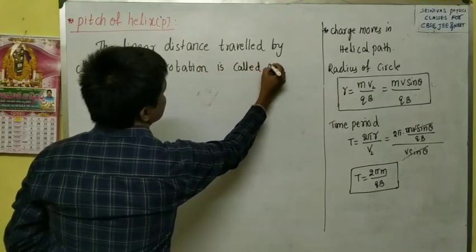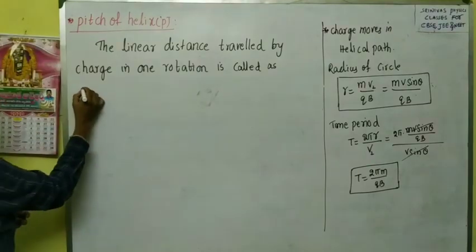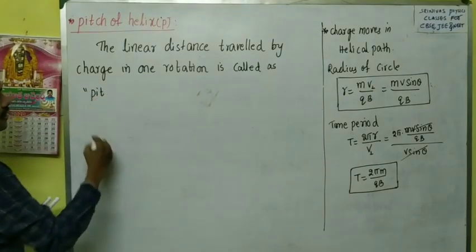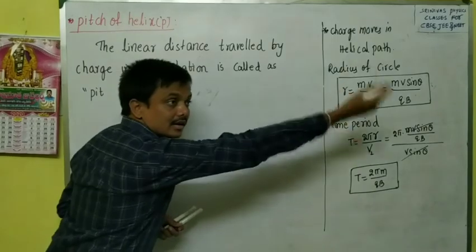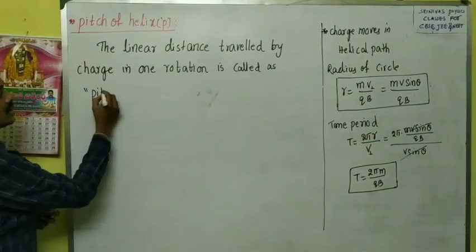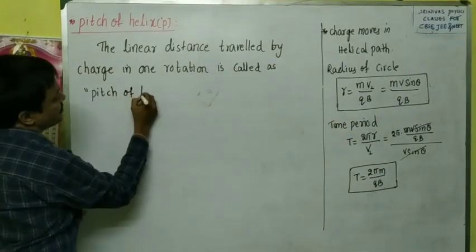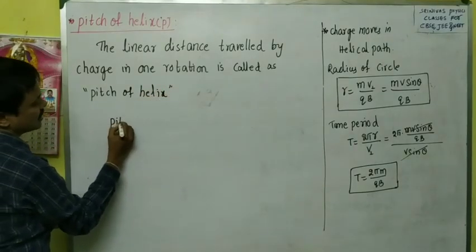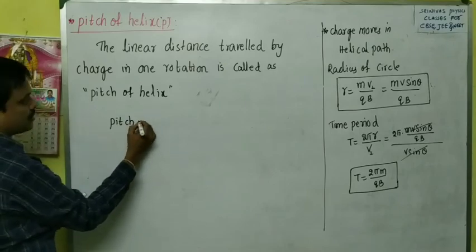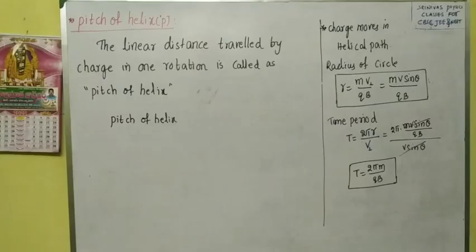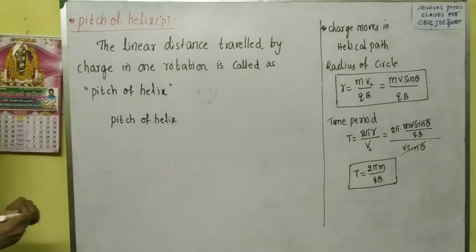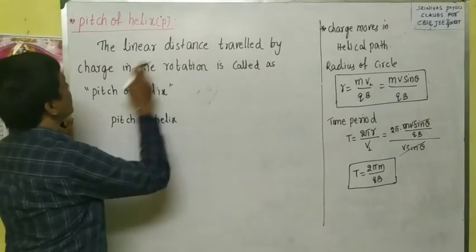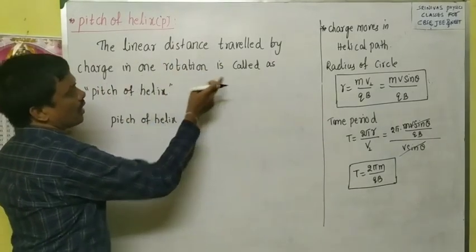For every rotation it is going forward, not only rotating. Pitch is nothing but distance. Okay, we are discussing the pitch of helix. What is pitch of helix? Pitch of helix is the horizontal distance travelled by the charge in one rotation.